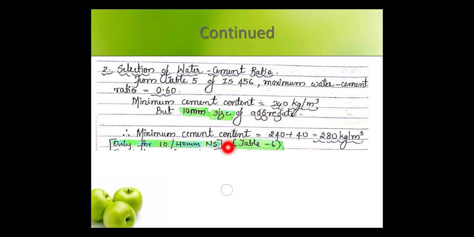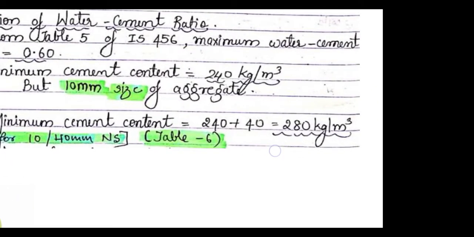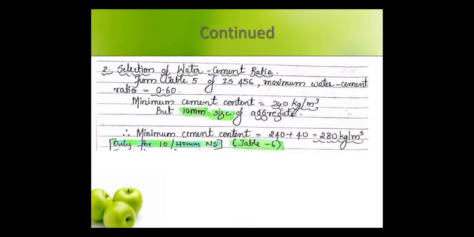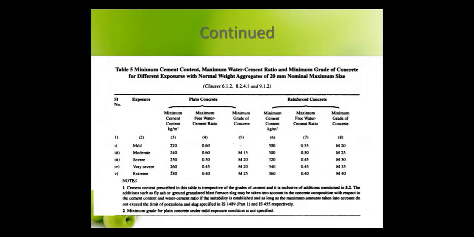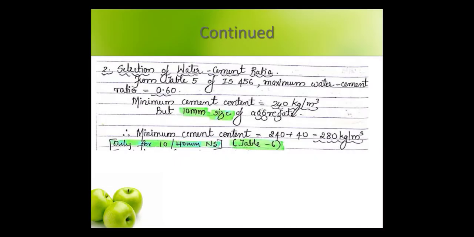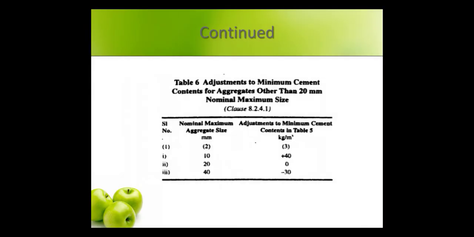But as it is having more than 10 mm, that is 40 mm size aggregate, we need to add an extra amount. So you have in table number 6 the adjustment of minimum cement content for aggregate other than 20 mm nominal size.